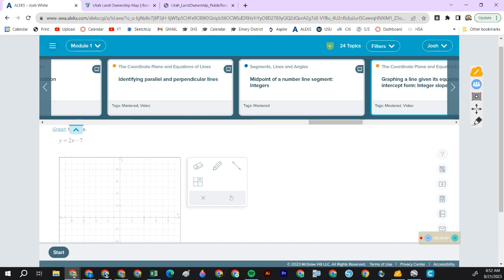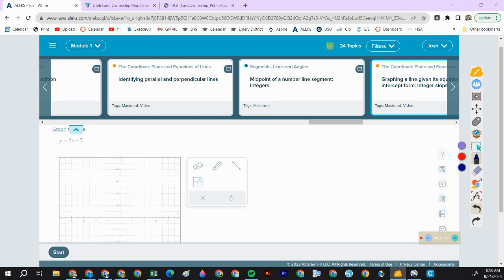The graph will always fit in the screen that they give you. Well, you might have to go backwards. Like if it said 4x plus 8, and you started there, and you wanted to go up 4 over 1, obviously you can't. So you just have to go backwards, down 4, left 1, like that.